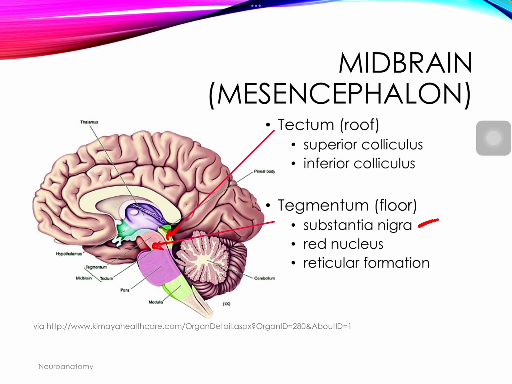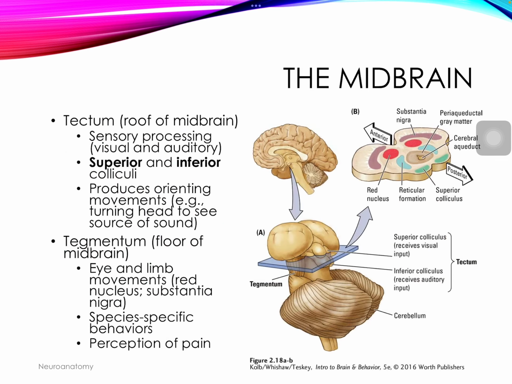The tegmentum, which is the floor, includes the substantia nigra, which we talked a little bit about, the red nucleus, and the reticular formation, which we'll get into later on in consciousness. The tegmentum is really important for eye and limb movements. And we talked about substantia nigra being really important for initiating movement, as well as, for example, pain perception.